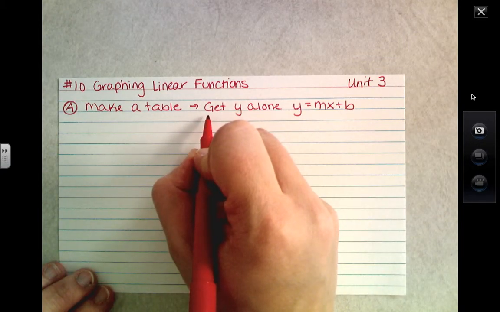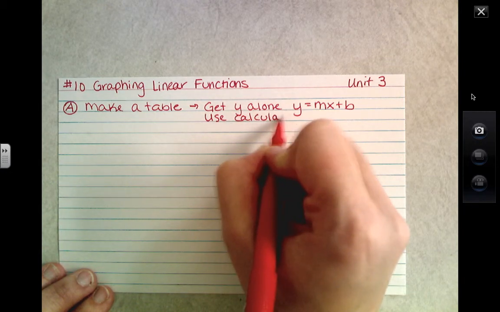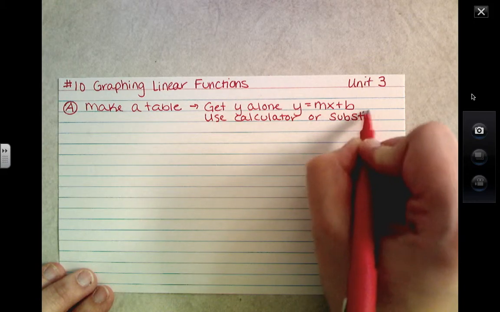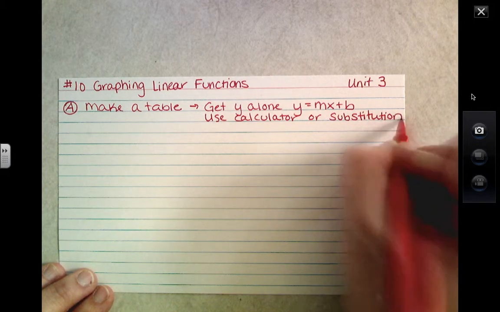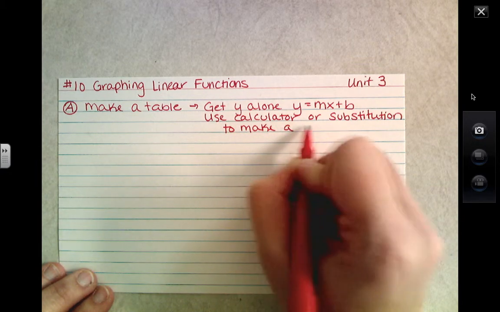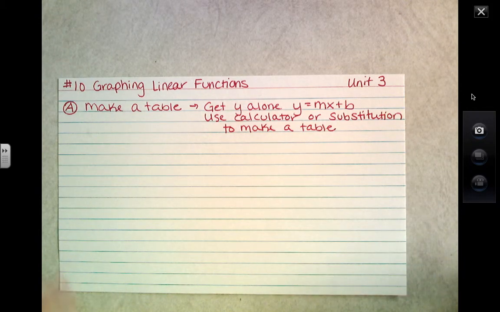And then you're going to use your calculator, or substitution if you don't have a graphing calculator, to make a table. Once you have that table, that gives you the points that need to be plotted.